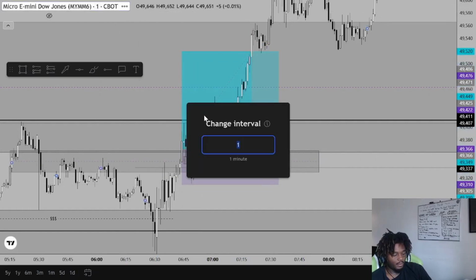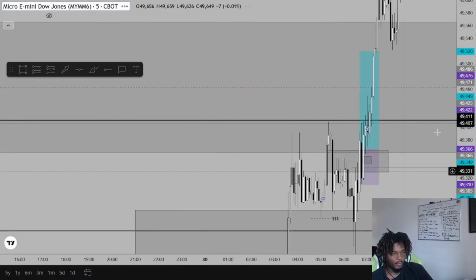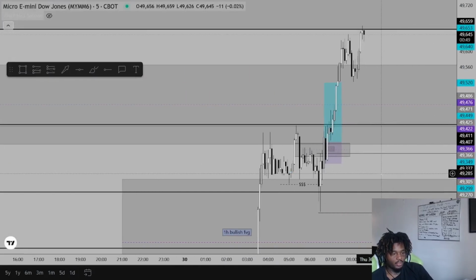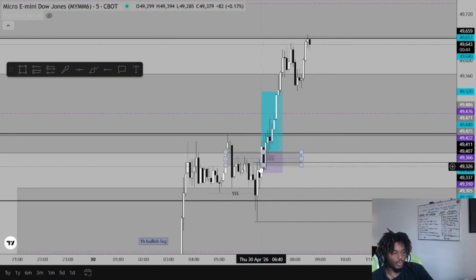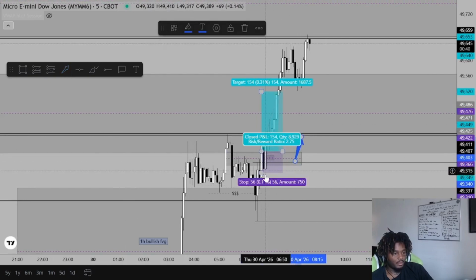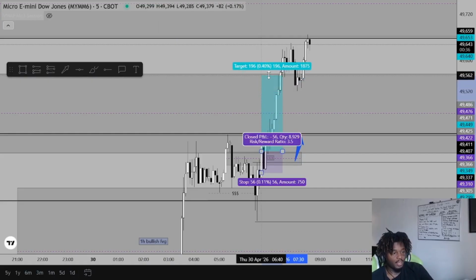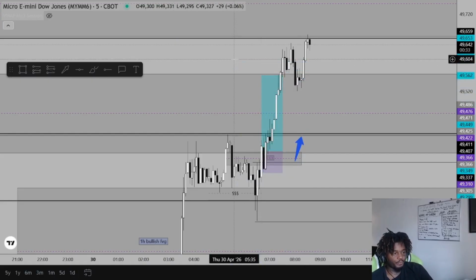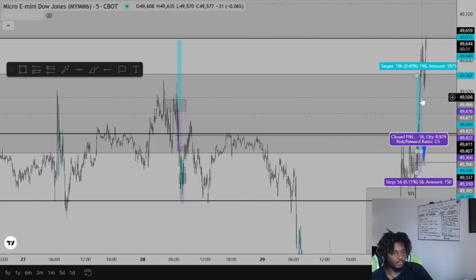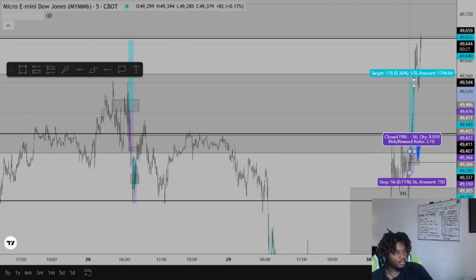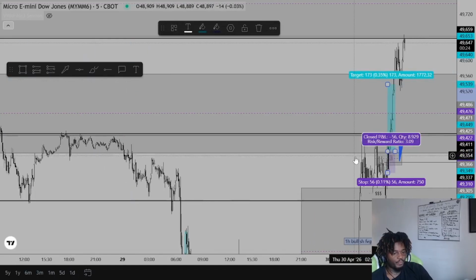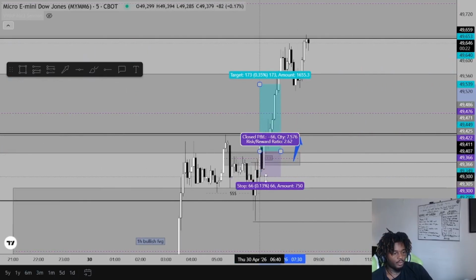Let's go back to the 5 minute and talk some more on what the 5 minute is actually doing. So you can see that that was my entry trigger, and I entered once momentum came in. So that was my buys. TP was at the end of this gap, but we closed around these wicks somewhere.